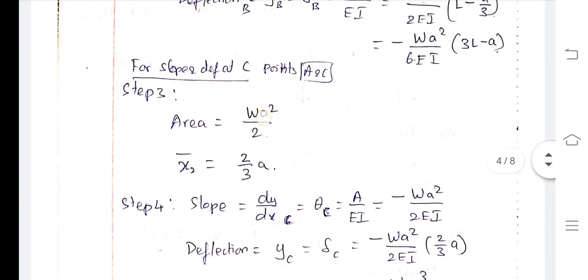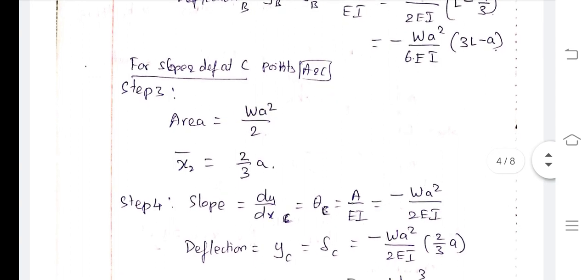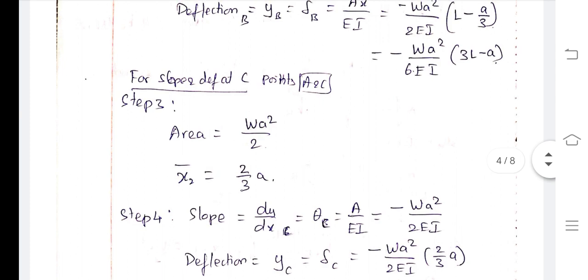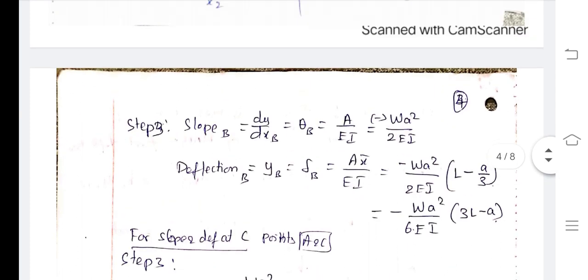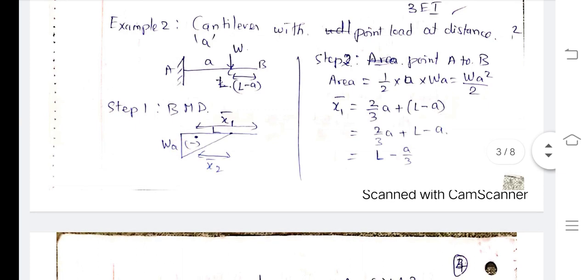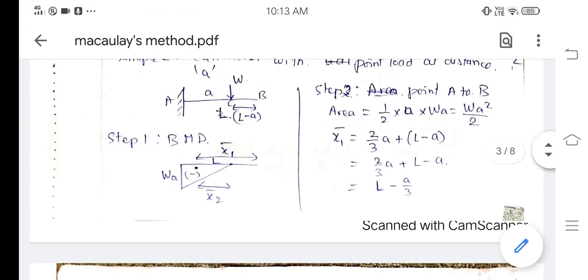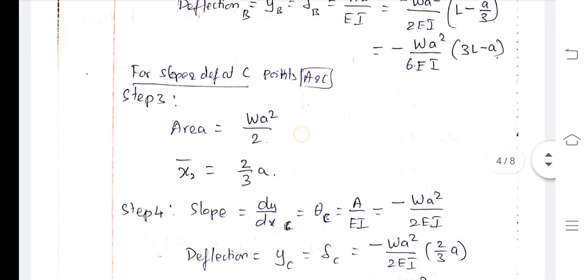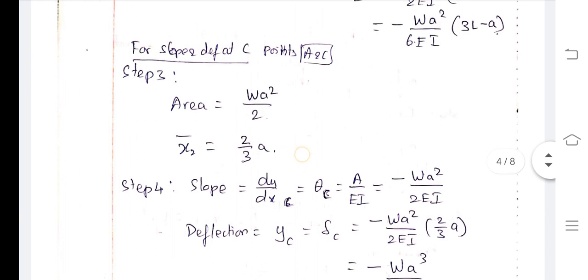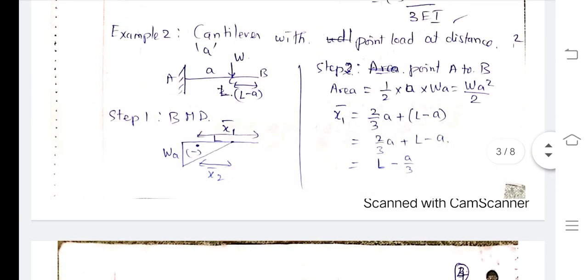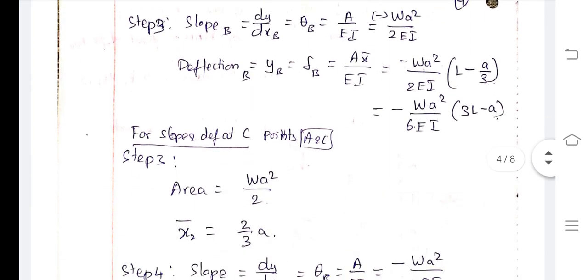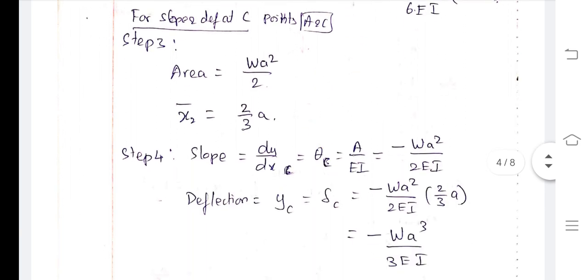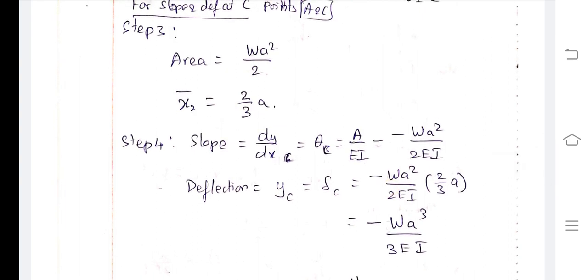Then for slope and deflection at C, to find the slope and deflection at C, now the area is between A and C. You can see that the area is between A and C, only A and C. So here area is WA square by 2, and x bar is only 2/3 of A. You can see that the distance between CG and the C point is x2, that is equal to 2 by 3 of A, and slope is equal to A by EI, which is WA square by 2EI.